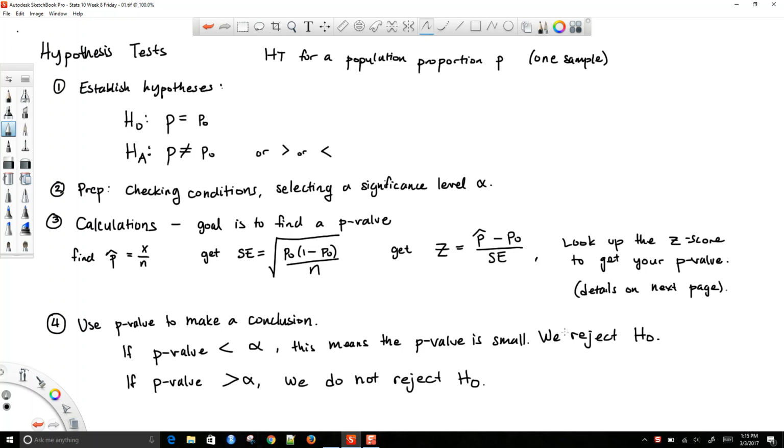If it's equal, then that rarely happens. It's technically possible, but the probability of it is 0. Because your table is finite, generally we will say greater than or equal to right here, if you want to throw in the equal somewhere, but usually it's a less than or a greater than.